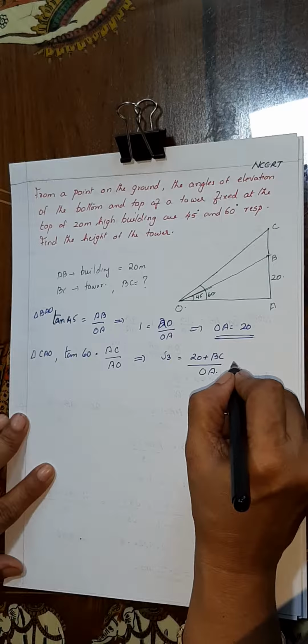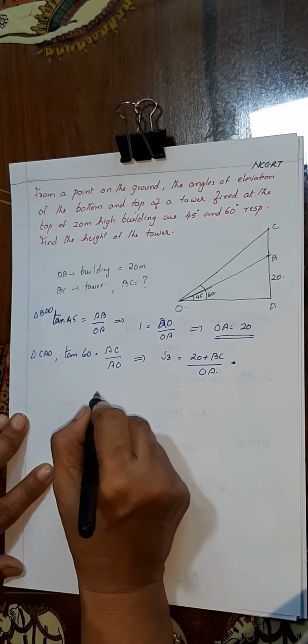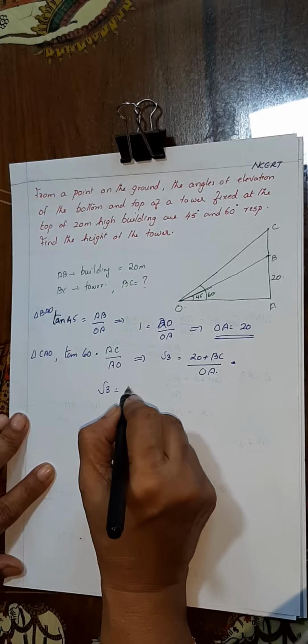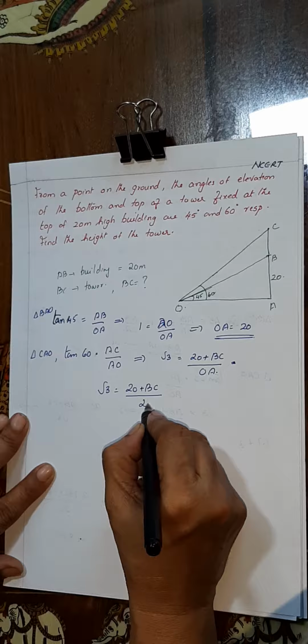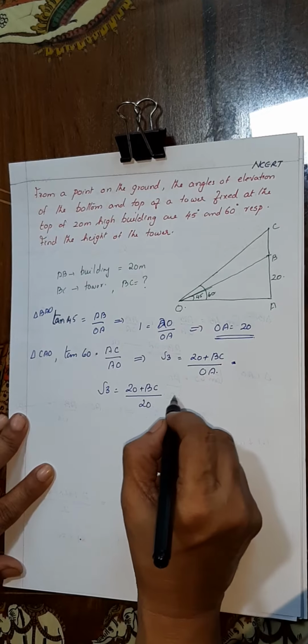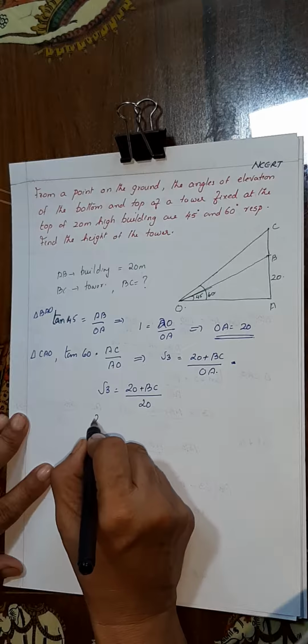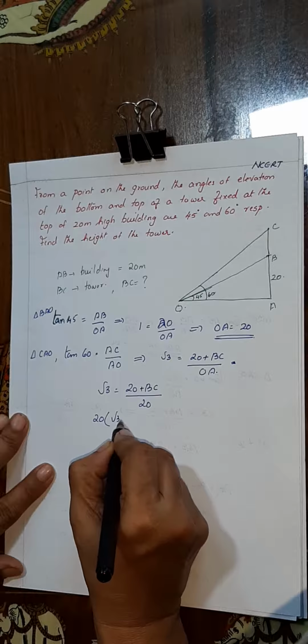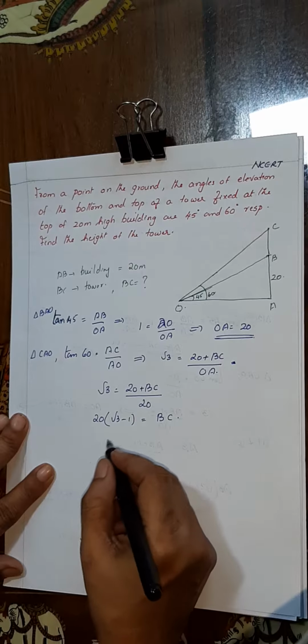Now we know OA is equal to 20. So this is root 3 is equal to 20 plus BC by 20. So 20 root 3, 20 root 3 minus 20. So 20 into root 3 minus 1 is equal to BC.